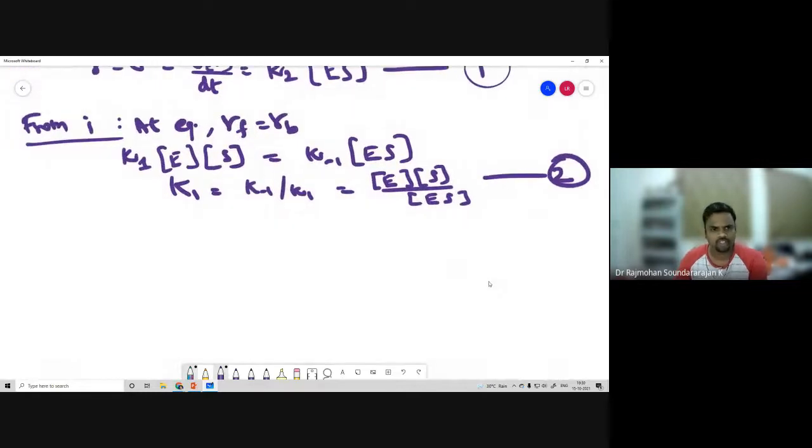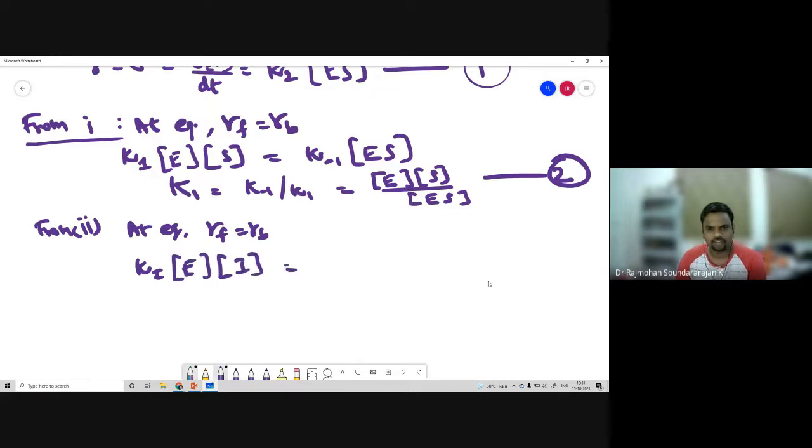Similarly, from the second step at equilibrium, the rate of the forward reaction equals the rate of the backward reaction. So we have K_i into E into I is equal to K_-i into EI, where EI is the intermediate formed with the inhibitor.